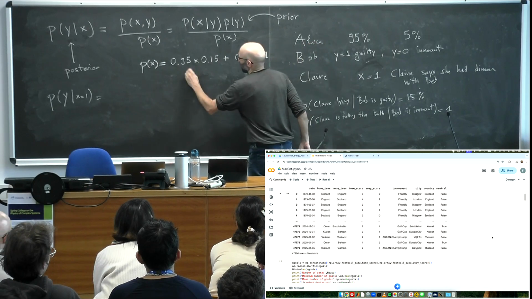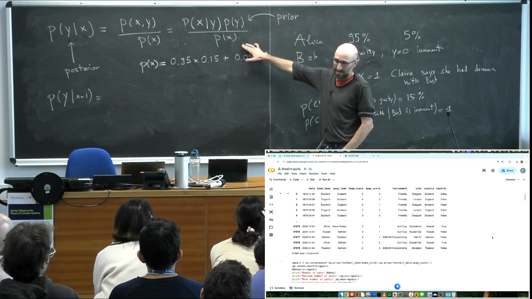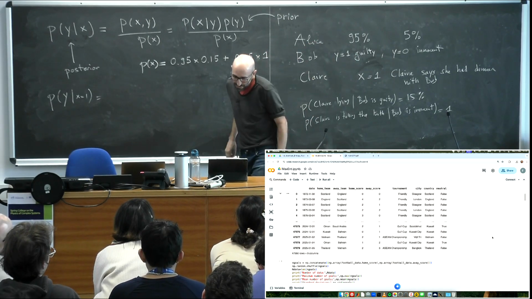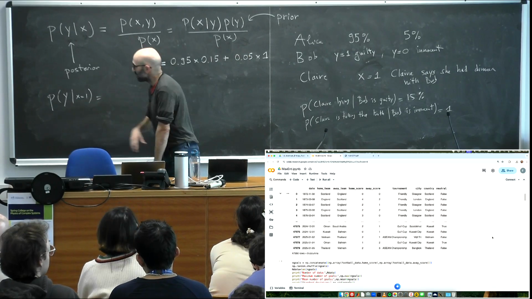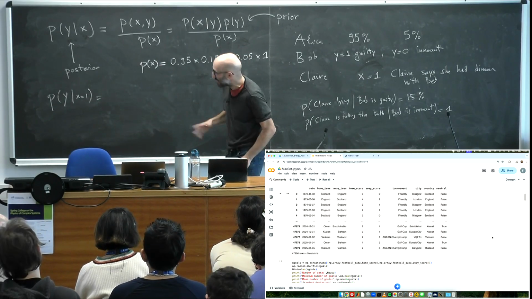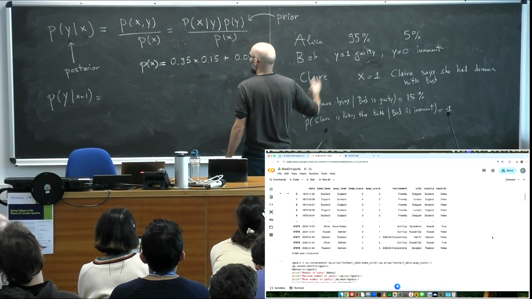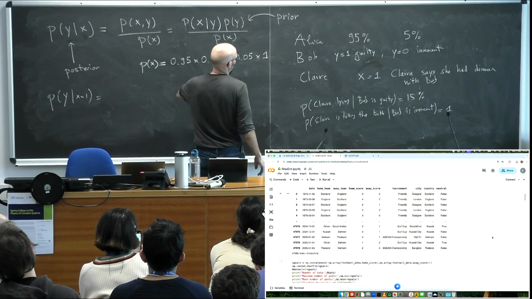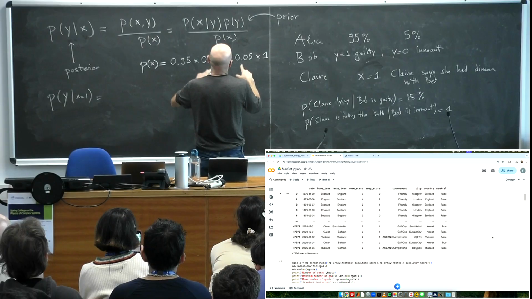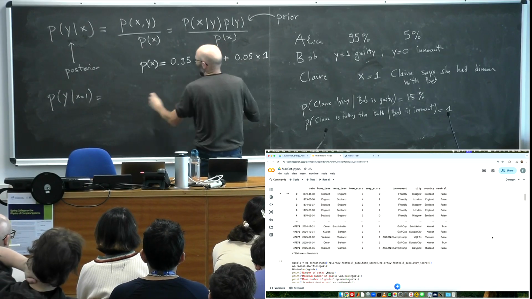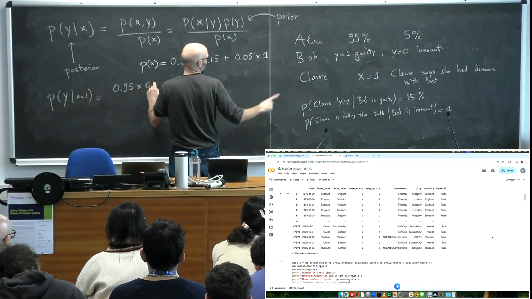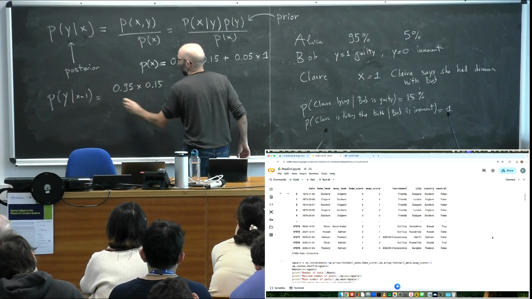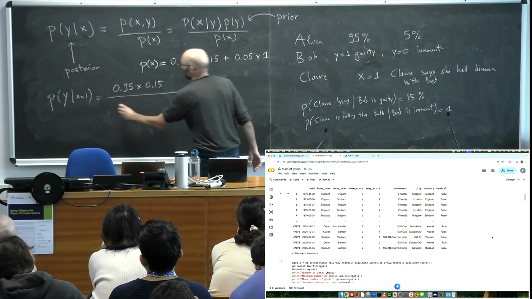So this will give you some number for P of x. And then the probability of Bob being, what do we want, guilty, for example, will be just this term, which is the probability that Bob is guilty times the probability that Claire is covering him, divided by the denominator.